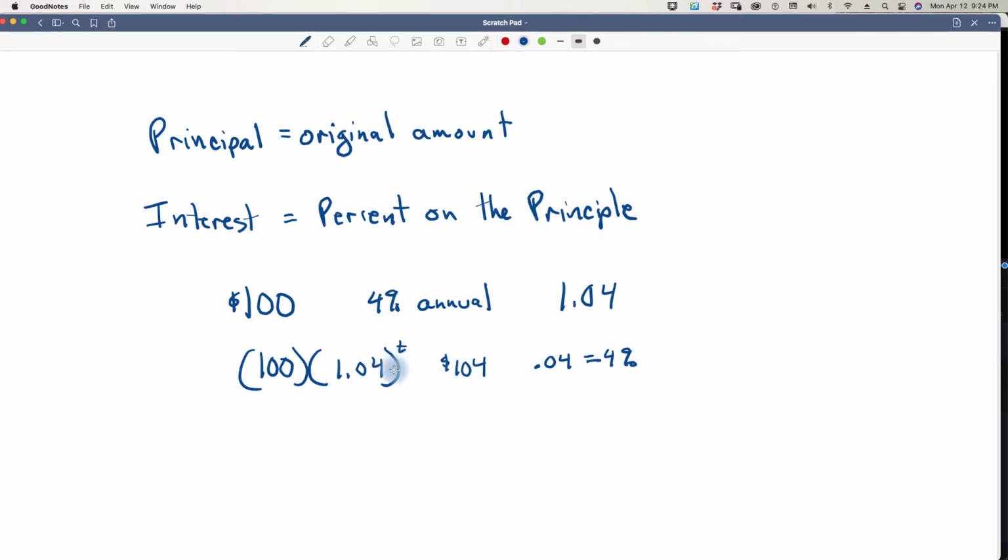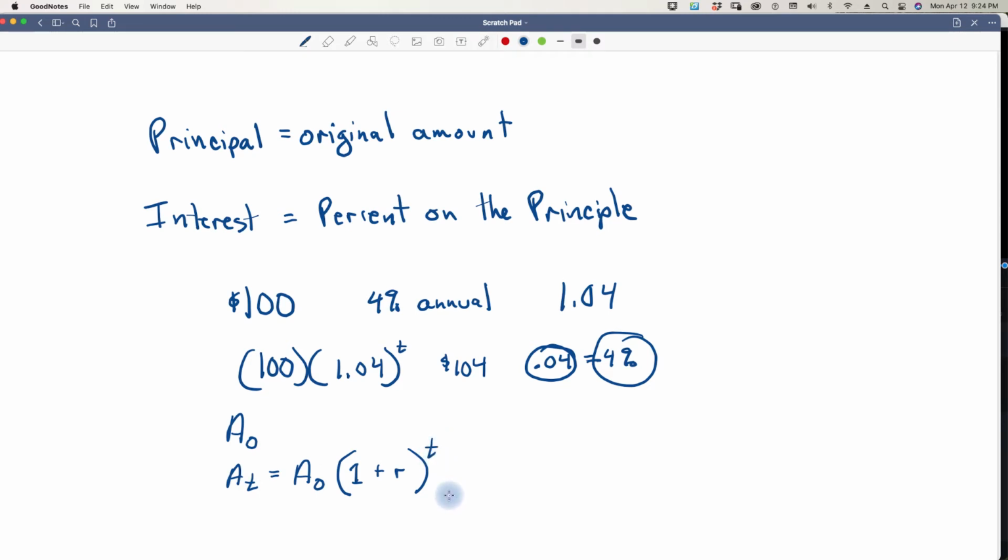We start counting here at A0. So we're using this format: A of T equals A0, which is the original amount, times 1 plus the rate. The rate is the decimal for the percent being used. This is the number 1, and then we use whatever the time is as our exponent.